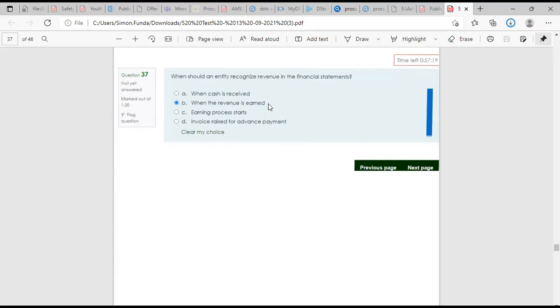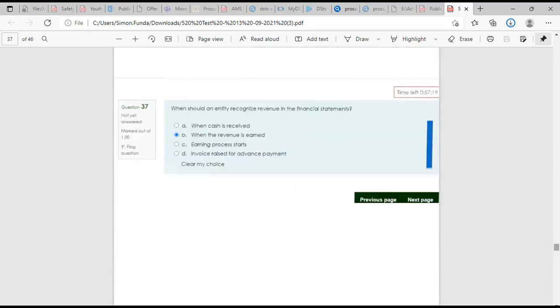So on accrual basis in accounting, we only recognize revenue that has been earned. There's a cash basis and an accrual basis.